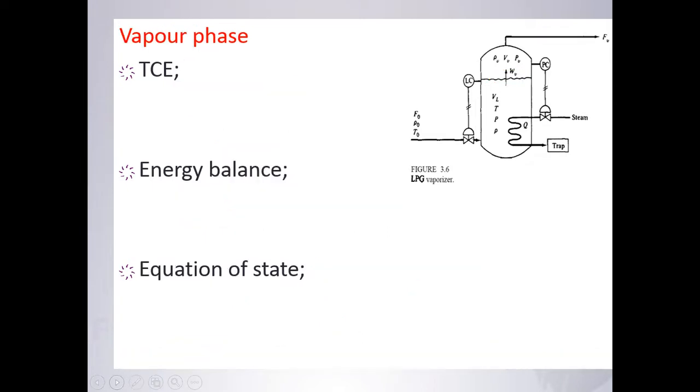Now let's do the balance for the vapor phase. It's d/dt of VV rho V equals WV minus rho V FV. Does that make sense? Okay.